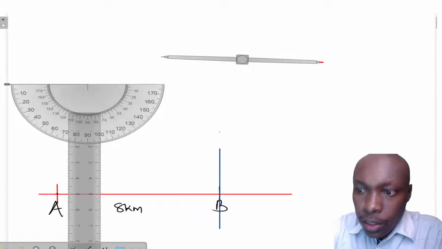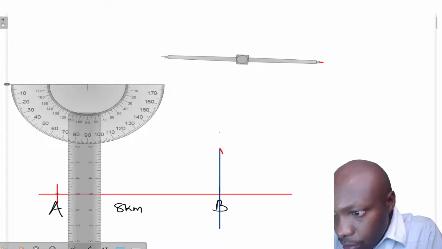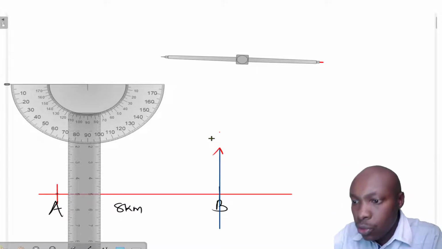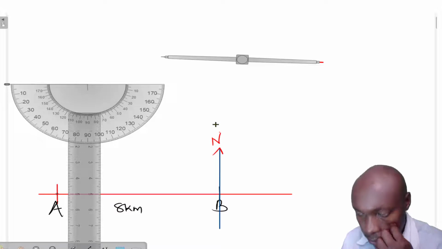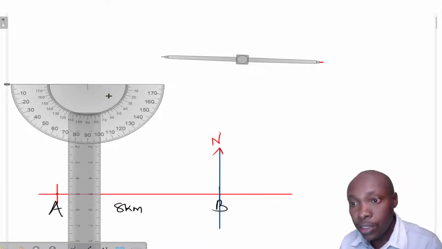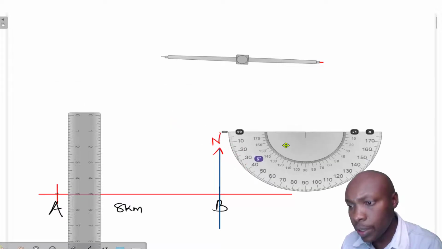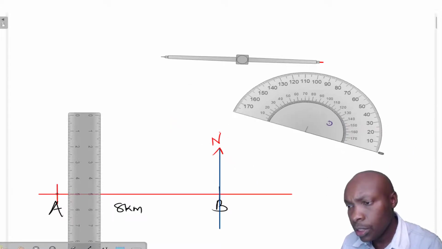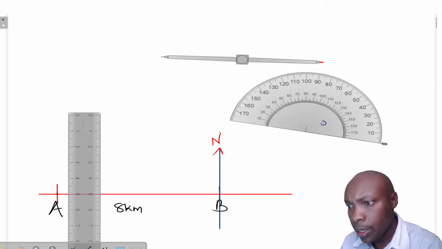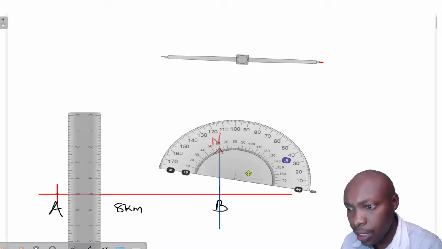Remember, this is the compass direction, that is the true north. Very important to note that. Now I need to measure 30 degrees from there. So again, you take your protractor, and this is how you're supposed to measure 30 degrees from the north.